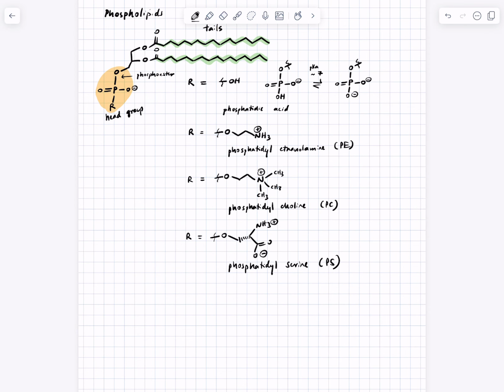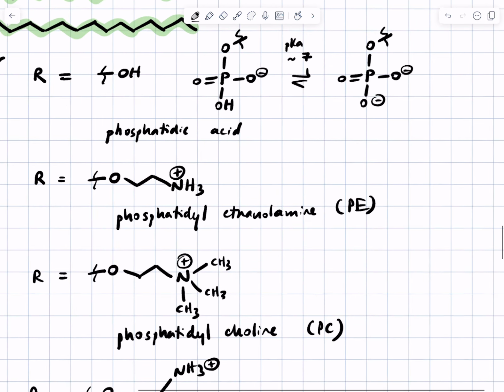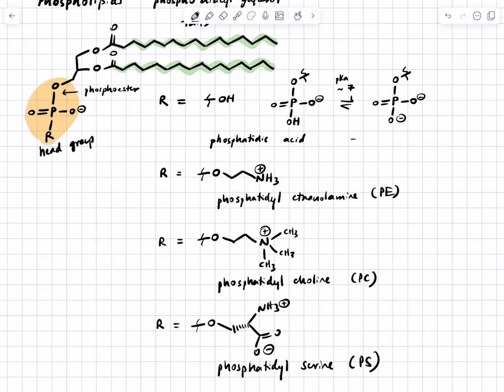So what you're seeing is there are multiple ways to have polar head groups, and pay attention to the overall charge on the head group. One of the charges is from this negatively charged oxygen on the phosphate of the phosphoester, and then the other portion is this R portion. If it's phosphatidic acid, the overall head group charge can be either minus 1 or minus 2.